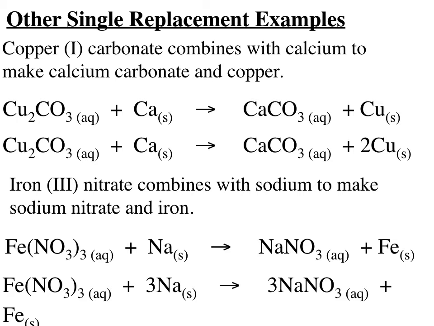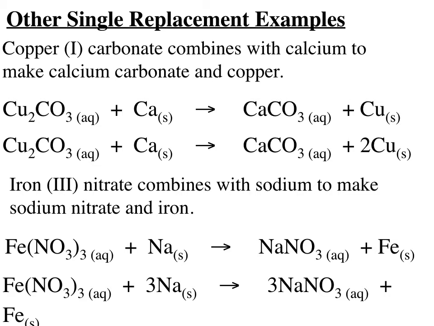And then the bottom example is balancing iron 3 nitrate reacting with sodium. Again, we're not going to concern ourselves with why the sodium can replace the iron in the iron 3 nitrate. And as a matter of fact, again, if you had sodium nitrate and dropped a piece of iron into it, you would not have a spontaneous reaction where the iron can kick the sodium out.